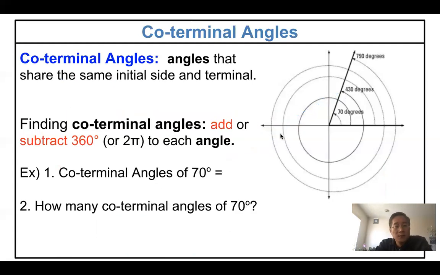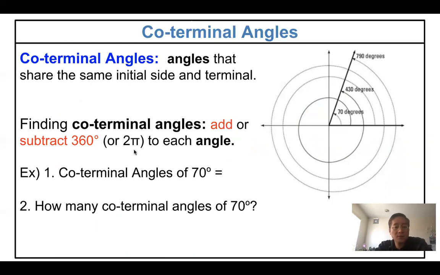So how do you find the coterminal angles? Add or subtract 360 degrees, or in radians, 2 pi radians. 2 pi radians is equivalent to 360 degrees.